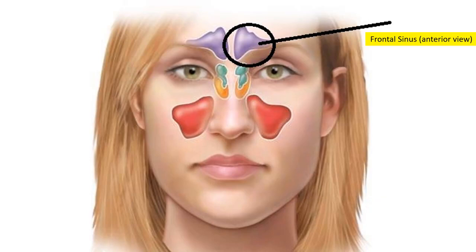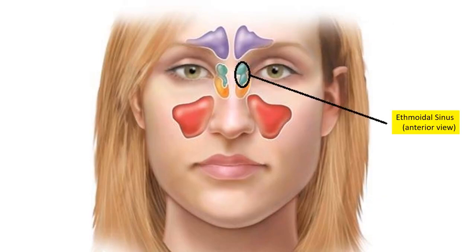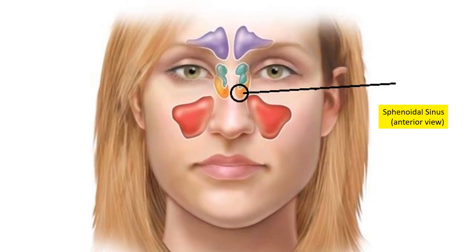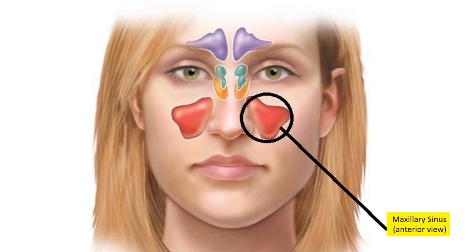And these are the frontal sinuses, the ethmoid sinuses, the sphenoid air sinus, and the largest air sinus is the maxillary air sinuses. These are frequently inflamed and they cause trouble as facial pain.